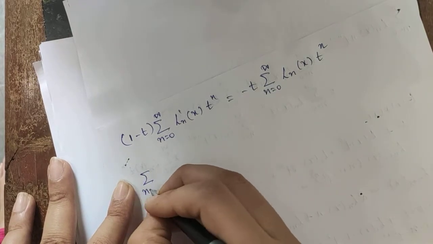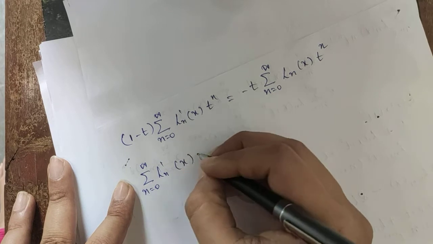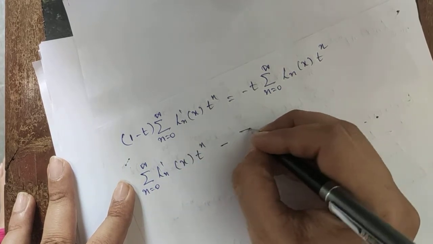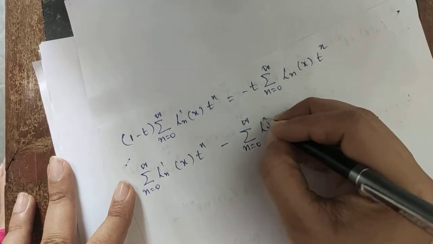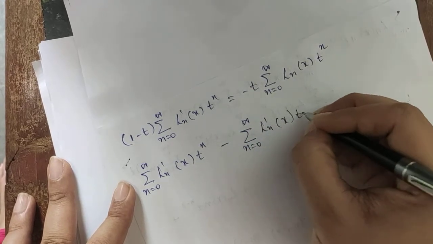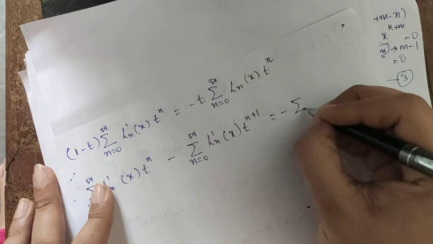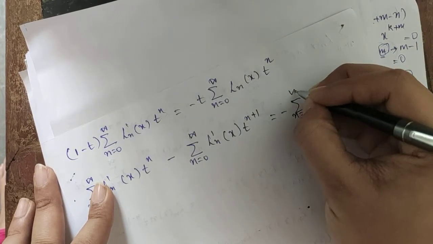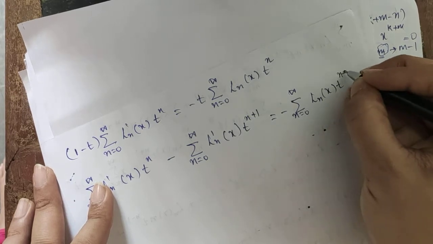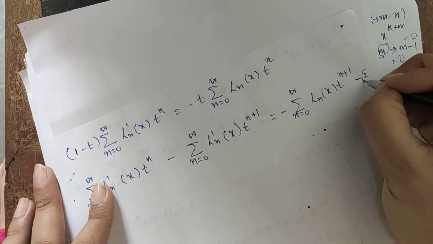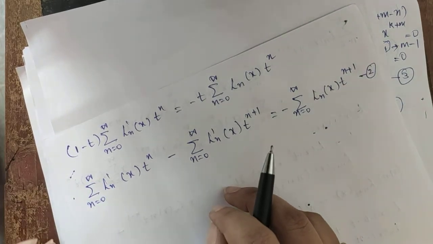So this is summation n is equal to 0 to infinity ln dash of x into t power n, minus summation n is equal to 0 to infinity ln dash of x into t power n plus 1, will be equal to minus summation n is equal to 0 to infinity ln of x into t power n plus 1. I will call this equation number 2. Equation number 1 is nothing but your generating function.